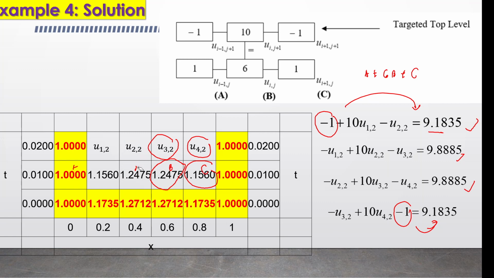Lastly, the last equation: minus U32, 10 U42 minus 1 equal to.